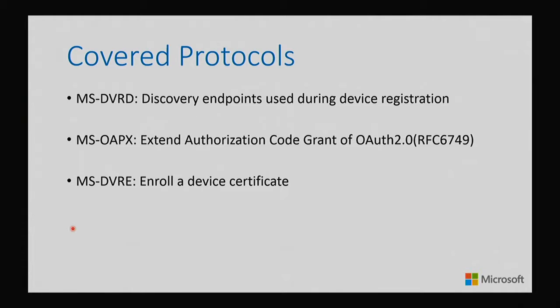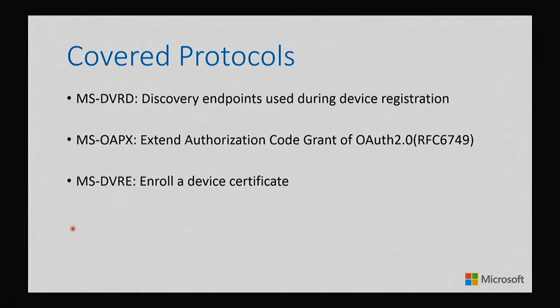We have three protocols for the workspace join scenario. First one is MS-DVRD. This is a discovery protocol that tells the client side which authentication endpoints it should contact and which endpoint it should contact to enroll the certificate.